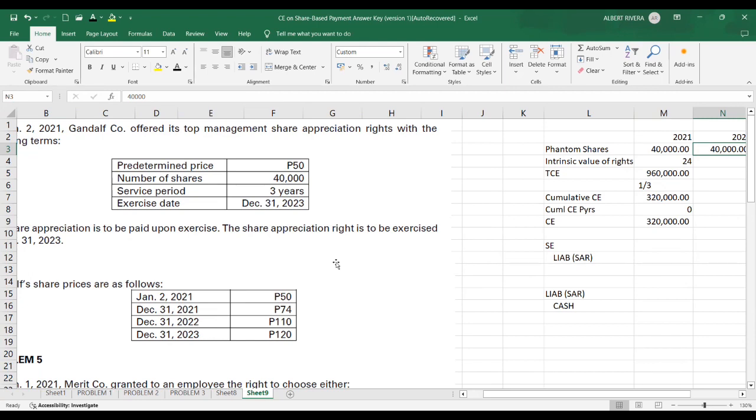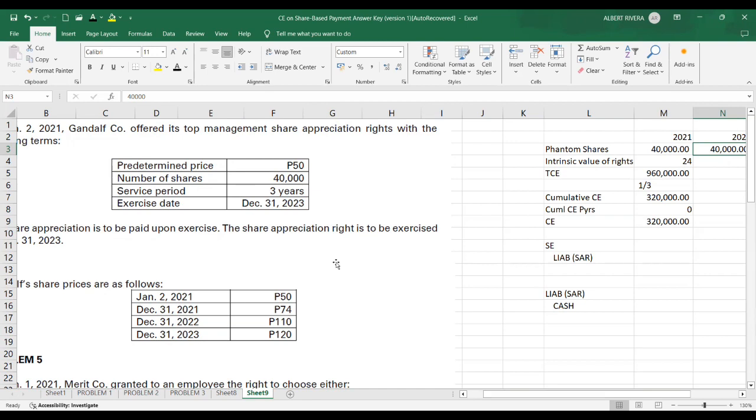Kasi sa problem solving, ang daming market values na ibibigay sa'yo. Okay? Stick to the concept that whenever we are using the intrinsic value, that is based on the market value of the shares minus the option price for the share-based or for the equity settled payments, and minus the predetermined price under the cash settled, no?